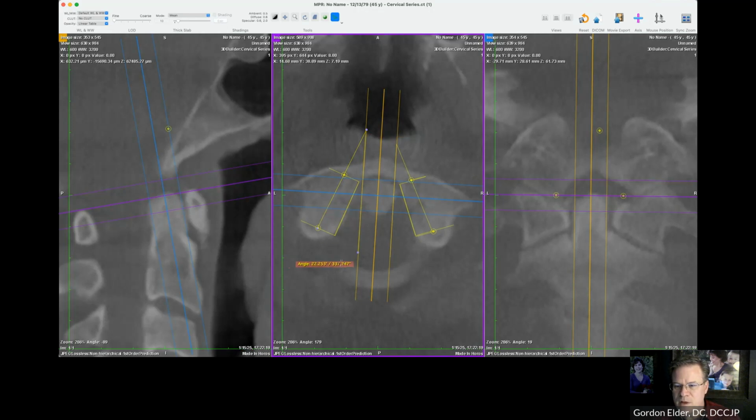Okay, so now I've got both angles. With this particular program, if you hold down the shift key and click on two different things, then they'll both stay up on the screen while you take your screenshot or write down your numbers. 22.25, so 22.3 and 25.2, fairly close.